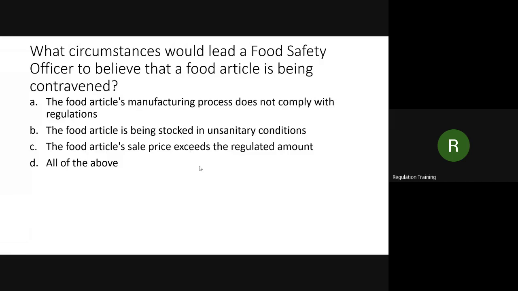Yes. So the food article is manufactured but does not comply. So yes, the food article is being stocked. The food article sales price exceeds the regulated amount. So all of the above.